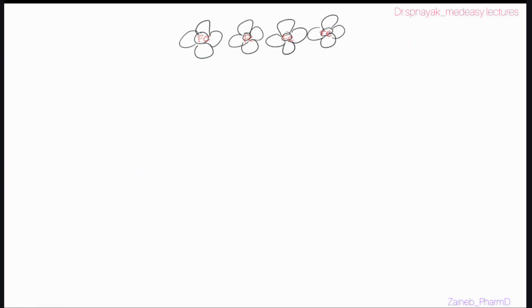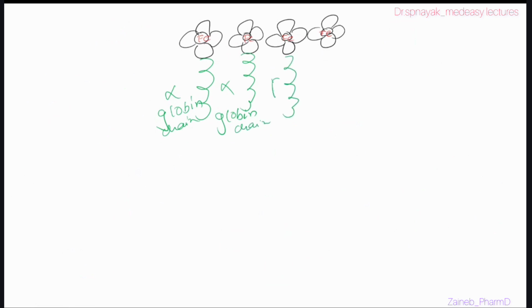Two heme groups are joined with the alpha globin chain, and this is the beta globin chain, and this is the beta. So this is one molecule of hemoglobin.